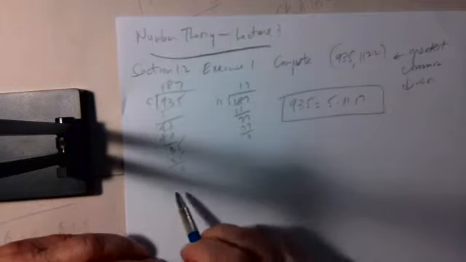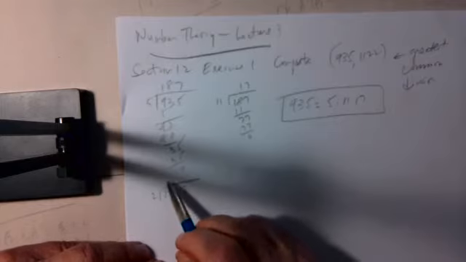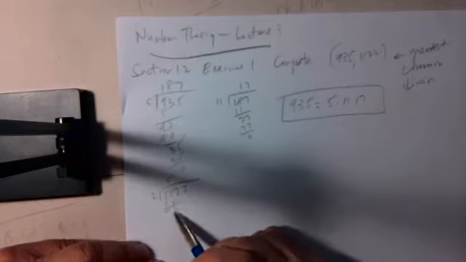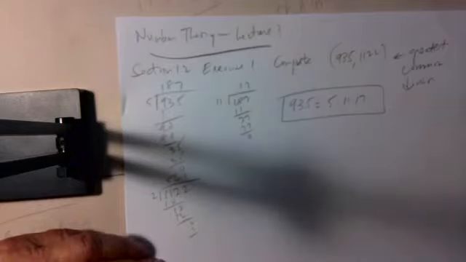What about 1122? Well, if we divide 1122 by 2, we get 561.